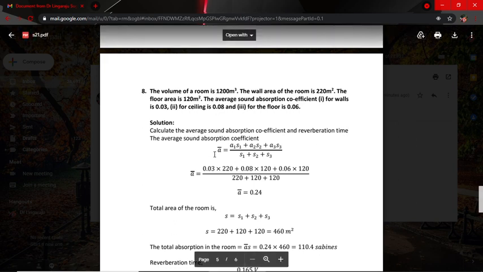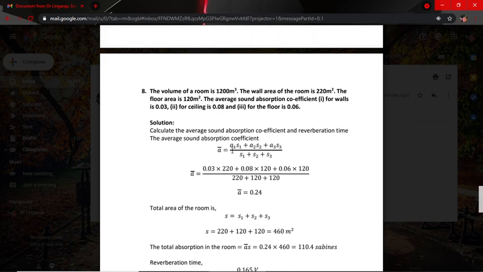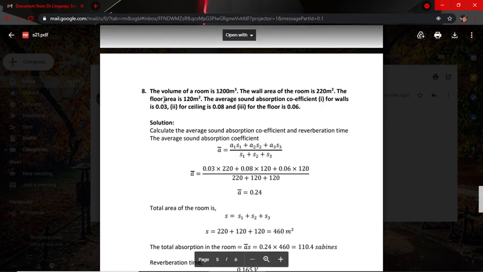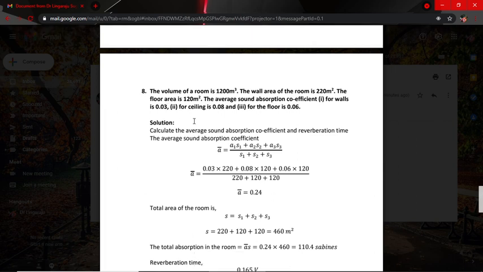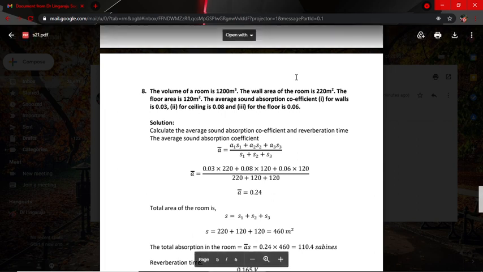The average absorption coefficient is equal to A1S1 plus A2S2 plus A3S3 by S1 plus S2 plus S3. A average is equal to A1, that is 0.03 for the wall, into 220.